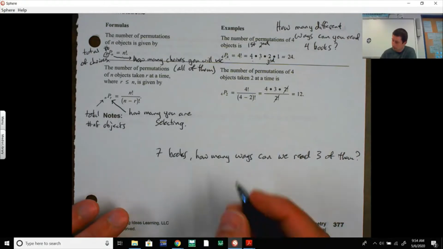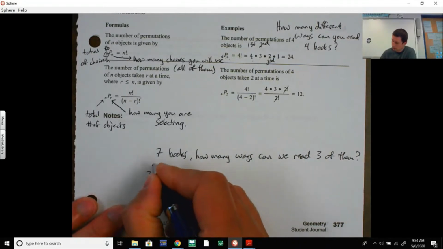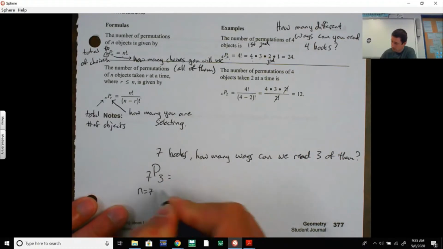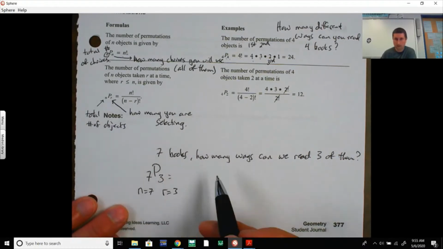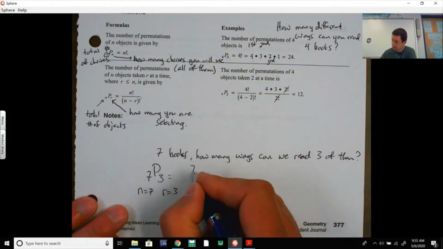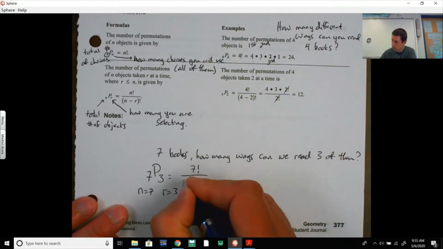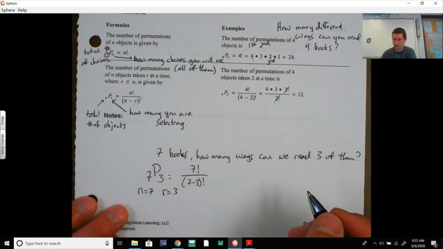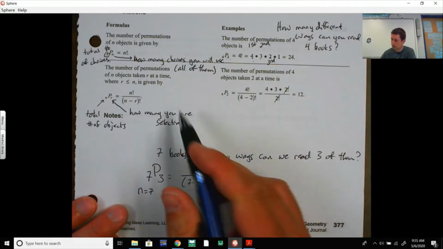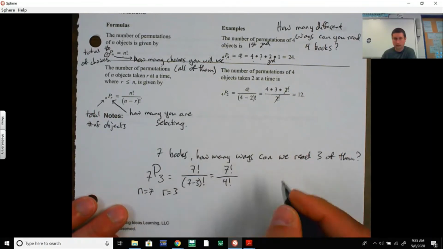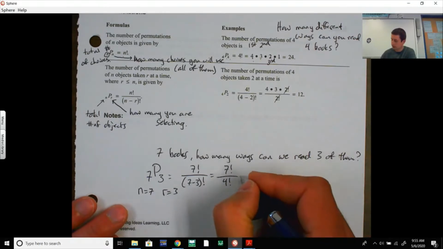So this would be 7 permutated 3 times. In our formula, n equals 7, r equals 3. So this would be 7 factorial over 7 minus 3 factorial, which is 7 factorial over 4 factorial. We can calculate this, but watch what happens here.